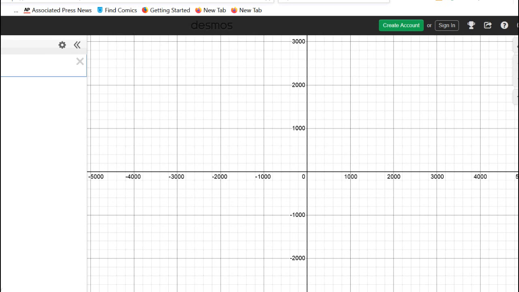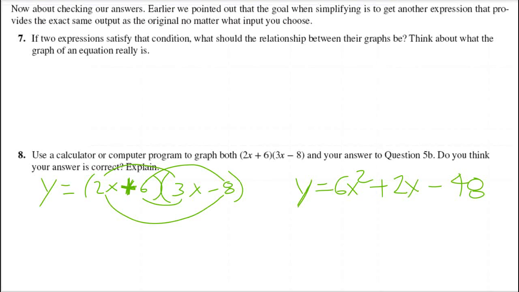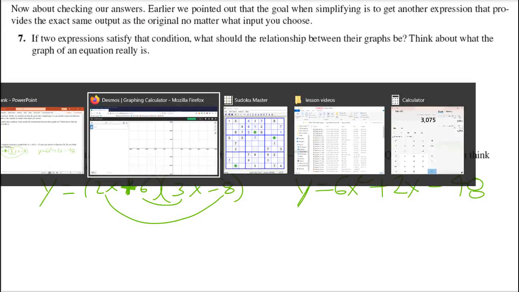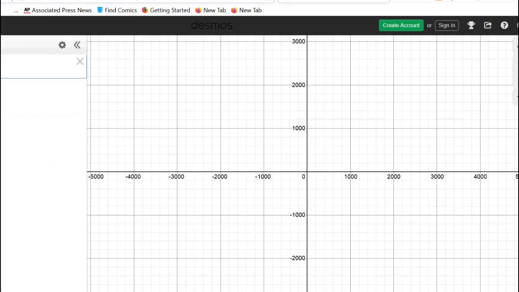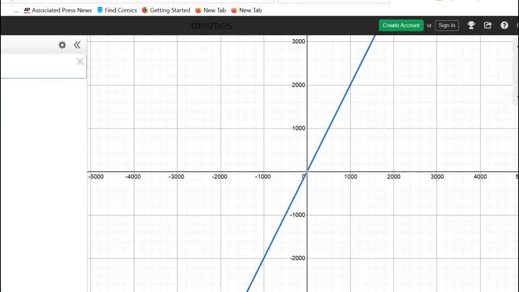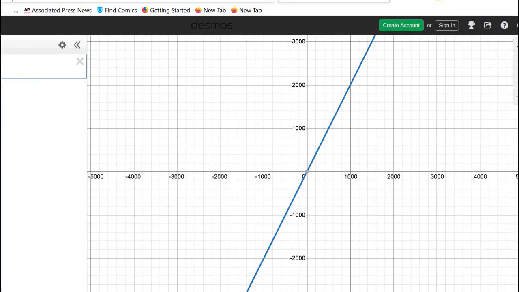I just realized you can't see what I'm doing. I'm just literally typing in that equation. Y equals 2 parentheses 2x plus 6. So I'm actually going to type the parentheses and then 2 and x from my keyboard plus 6, close parentheses.